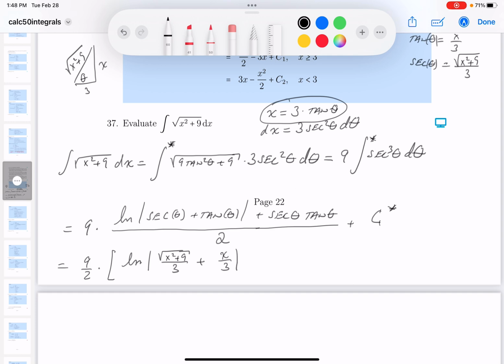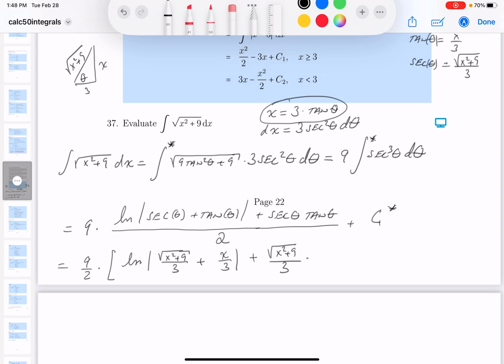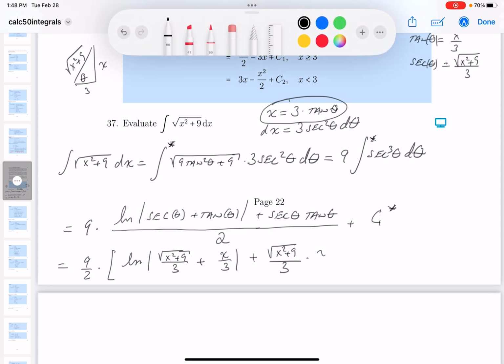Let's keep moving. Plus the secant of theta, that's the square root of x squared plus 9 over 3 times the tangent. Oops, I'm sorry. I know the tangent. What am I writing that down? I want to get in terms of x's, right? And what do you get there? That's just x over 3, right? And I'm going to put down C1 now.